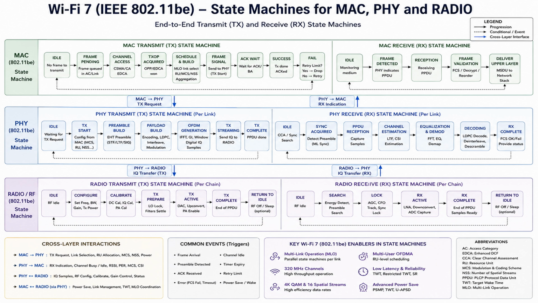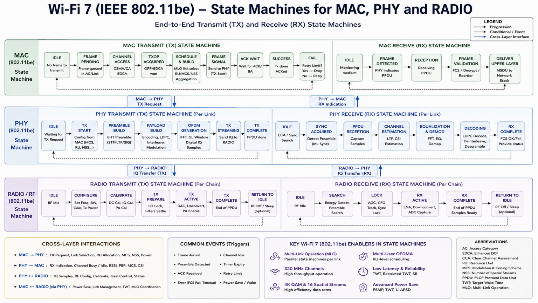The PHY's transmit job is signal construction. Take the MAC's configuration, build the EHT preamble with its training fields, encode and modulate the payload with LDPC, run the OFDM generation through the IFFT, and stream digital IQ down to the radio.